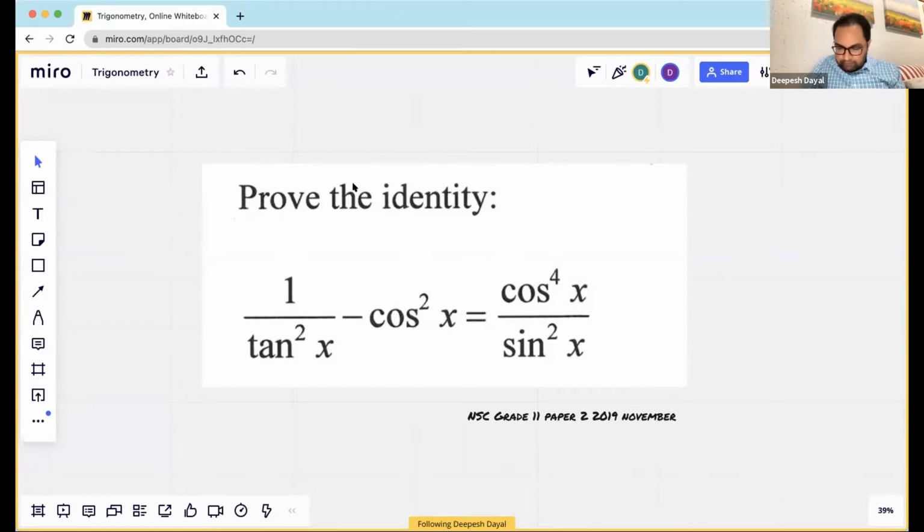Everything on the left-hand side must equal everything on the right-hand side. And we're not bringing, like I say, the right-hand side over to the left or the left to the right. You must prove that this equals this. I'm going to give you a few minutes. Please try it out and we can compare.